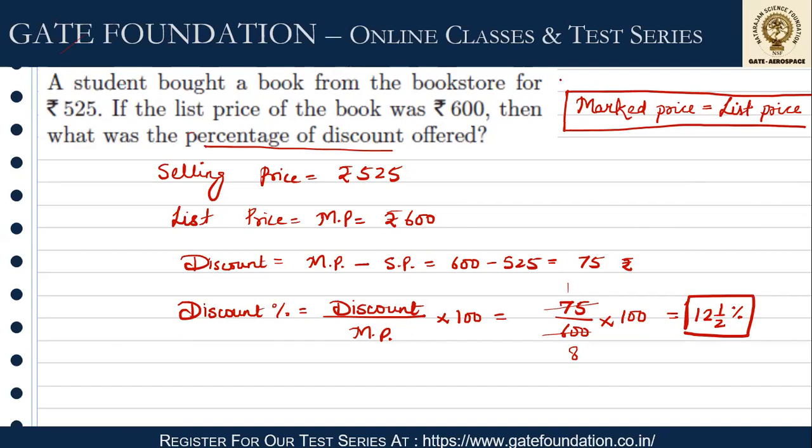Okay, if you have made a mistake, just remember this part, that discount percentage is always calculated with respect to mark price, never on the selling price or cost price.